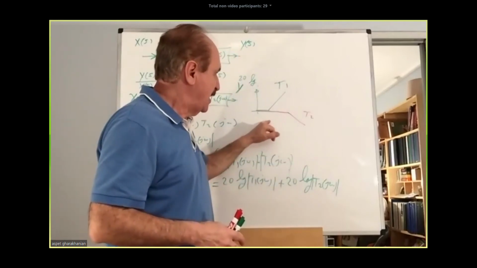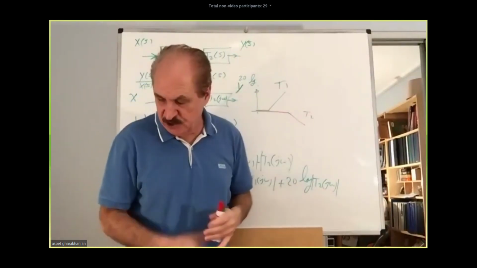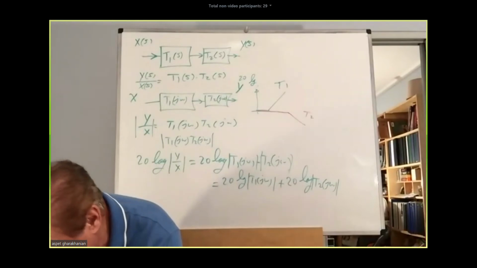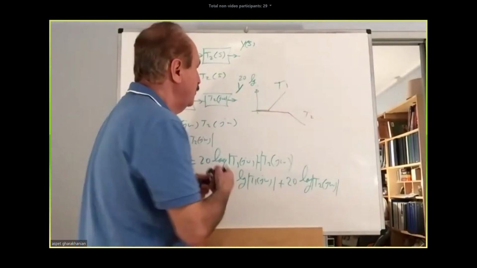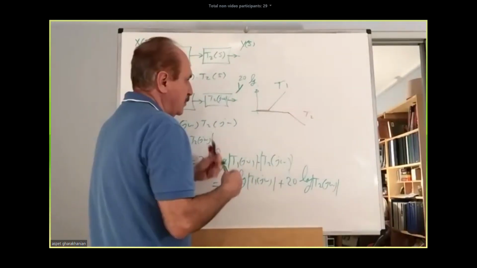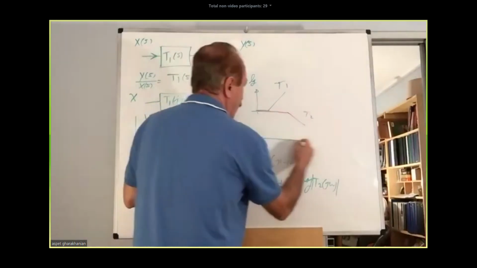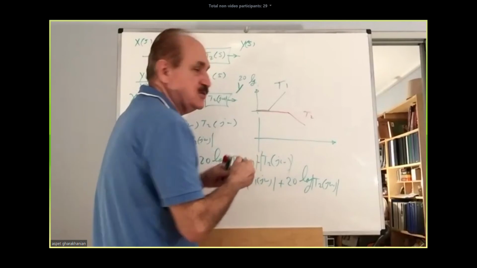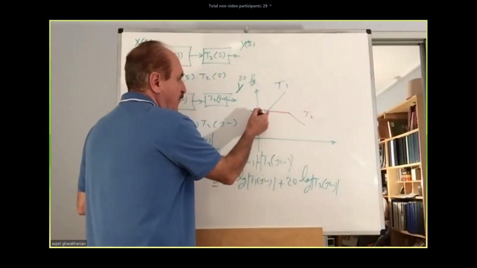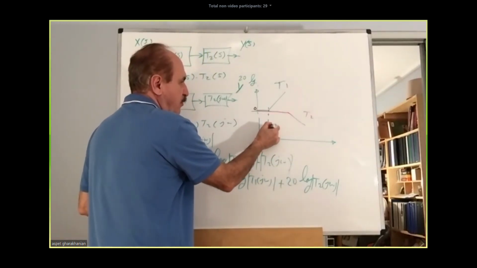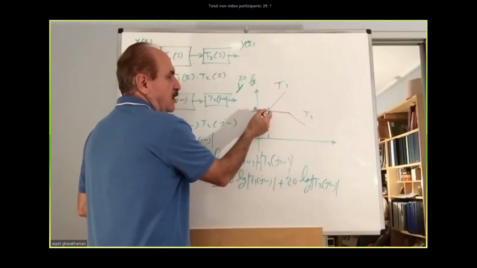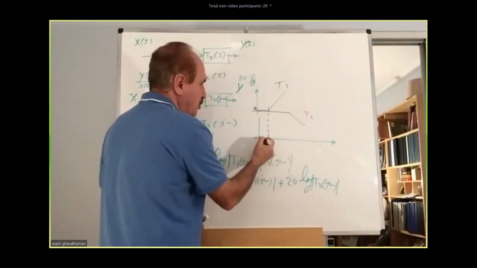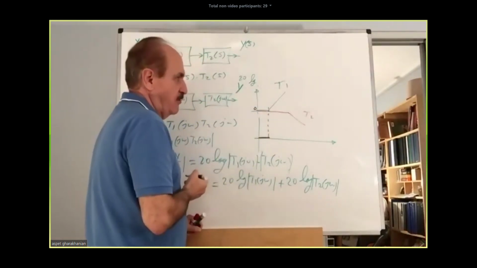So I can graphically add these two functions together. It's very easy. Simply all you have to do, the sum of the two will come up to the following. Here, go segment by segment from here all the way to this breakpoint. Green is 0, red is 0, so the resultant will be 0.